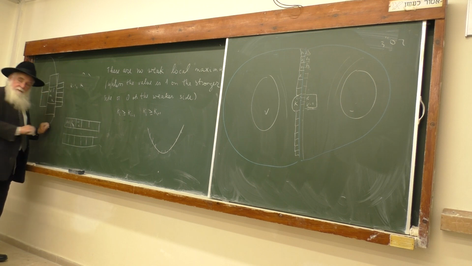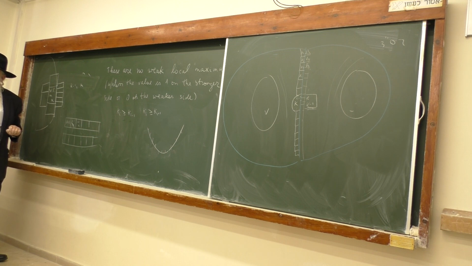So it is impossible. Because it is K minus 1, K minus 1, K minus 1, this will be a weak local maximum. I'm claiming that it is impossible that a weak local maximum will not be present on the other side, because of the restrictions of the distance here.